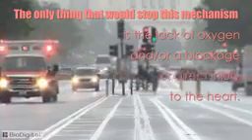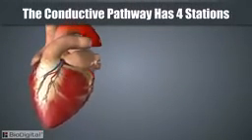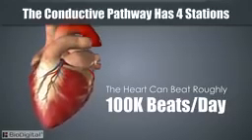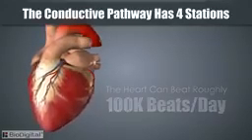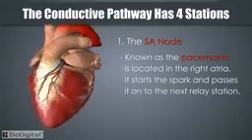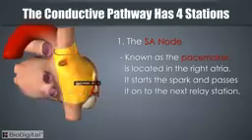the heart. The conductive pathway within the heart has four main stations through which it sends its electrical impulses in order for the heart to keep beating, which is roughly 100,000 times a day. The first conductive pathway is the SA node. The SA node, known as the pacemaker, is located in the right atria. It starts the spark and passes it on to the next relay station.